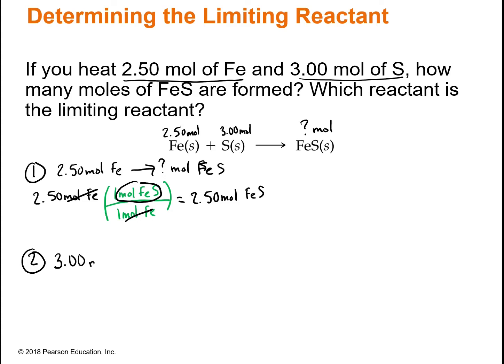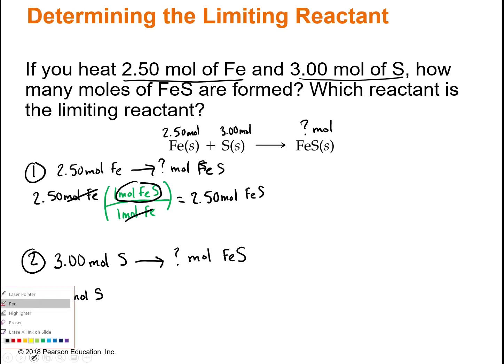If we had 3 moles of sulfur and unlimited iron, how much iron 2 sulfide would we make? Starting with our moles of sulfur, we write a mole factor.